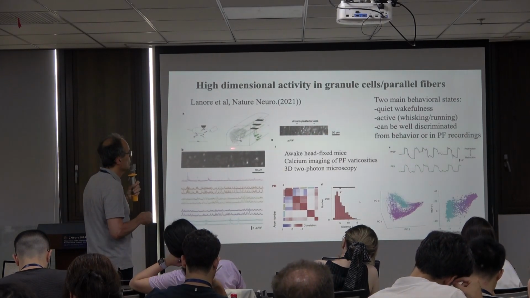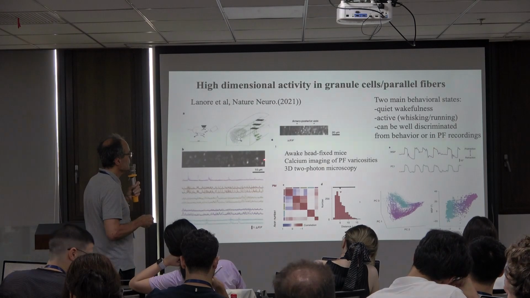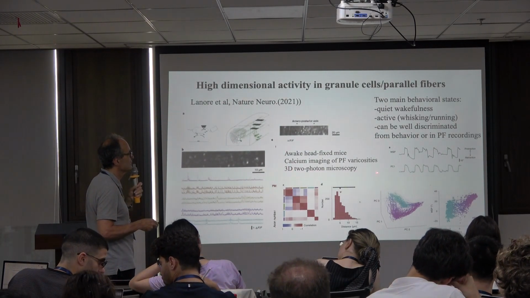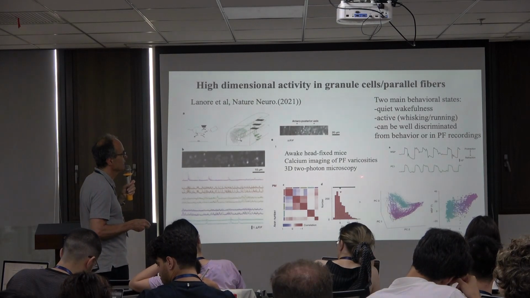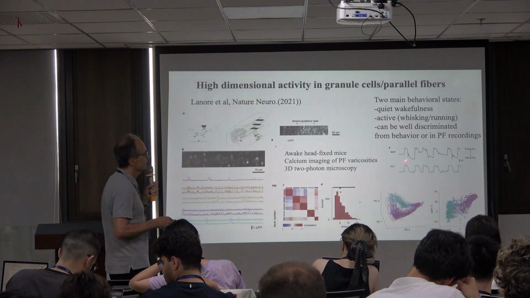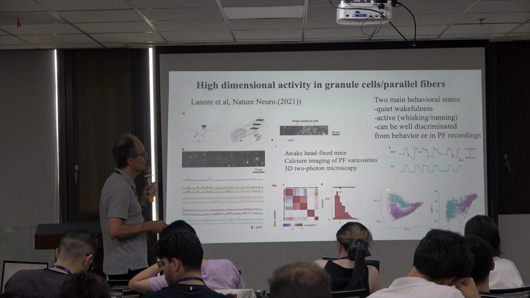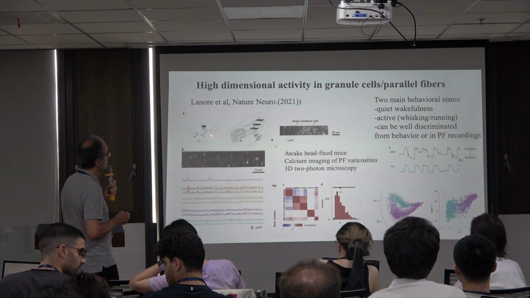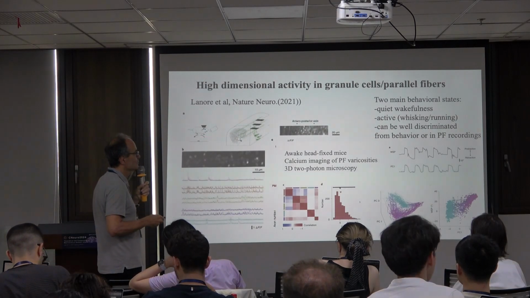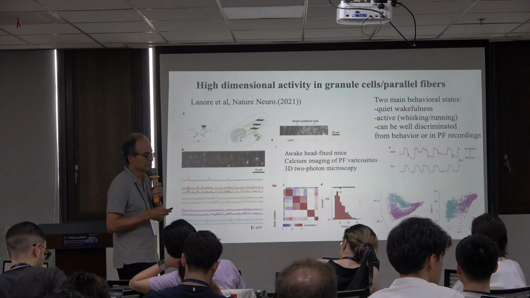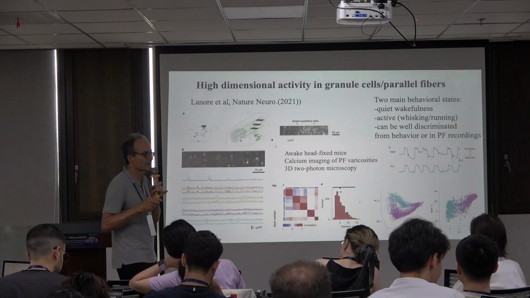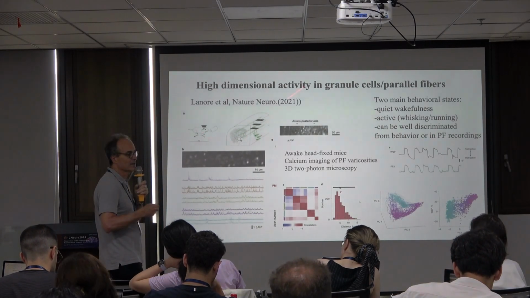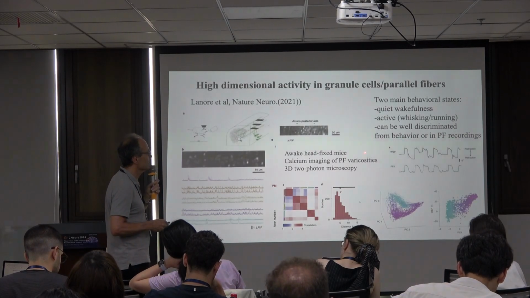And so now you can look at this activity. The first thing you see, or they see, is that there are actually two clusters. One is simply because the mouse has two states. It can be active, running and whisking, or simply being quiet on its wheel, and it alternates between these two behaviors.